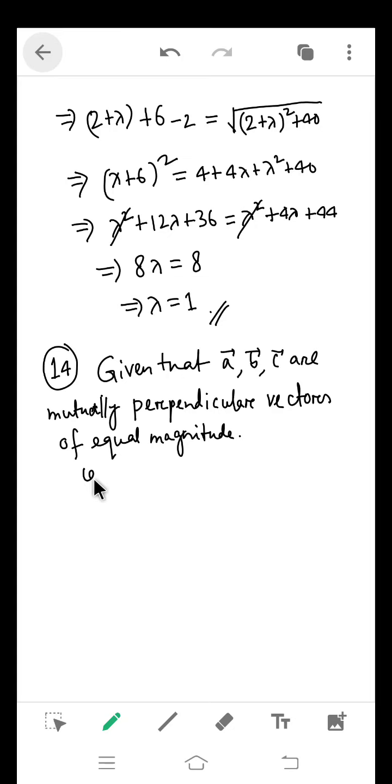So therefore you can consider them as, suppose their magnitude is equal and equal to, say, k. We take it as k.